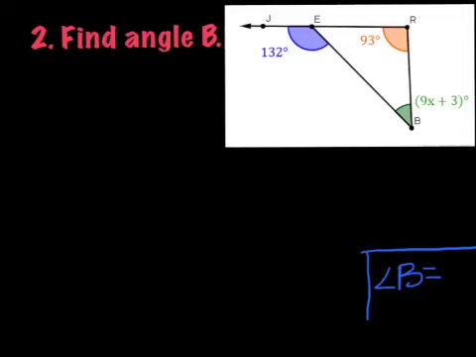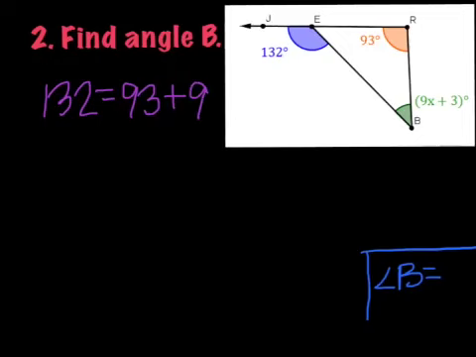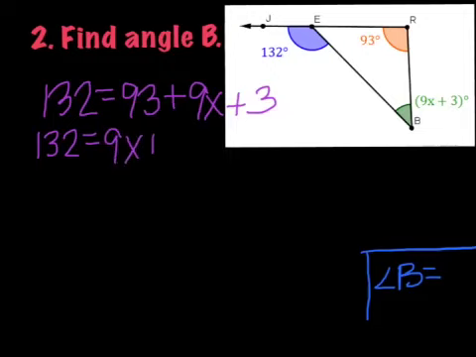Okay, so we know that 132 is equal to the interior angles, the far ones. So 93 plus 9x plus 3. So that's the equation I have to solve so I can get x, and then I can plug it back in. So 132 is equal to 9x plus 96.